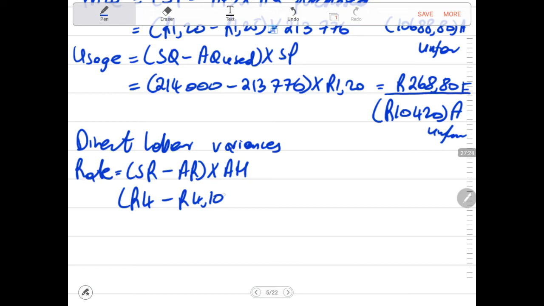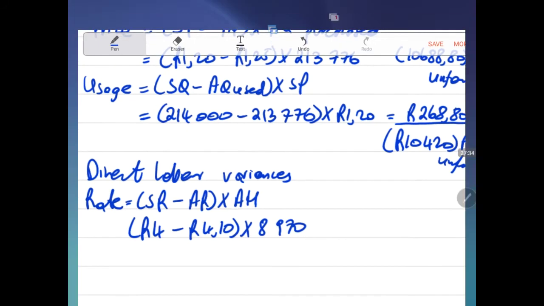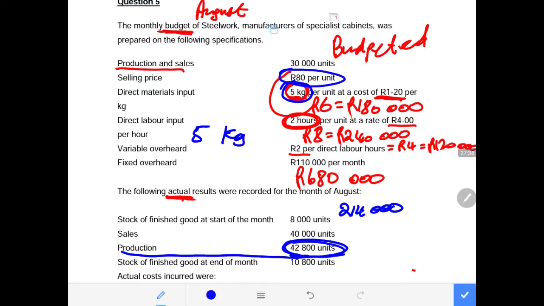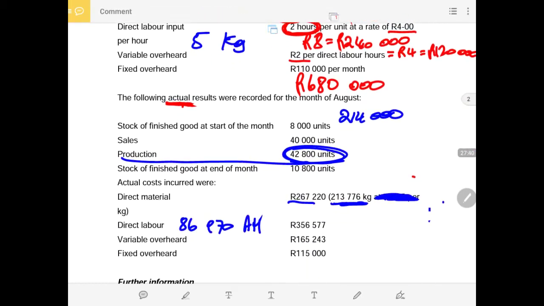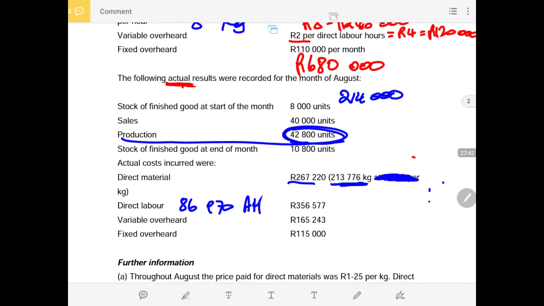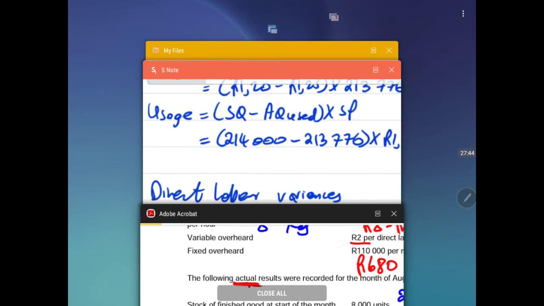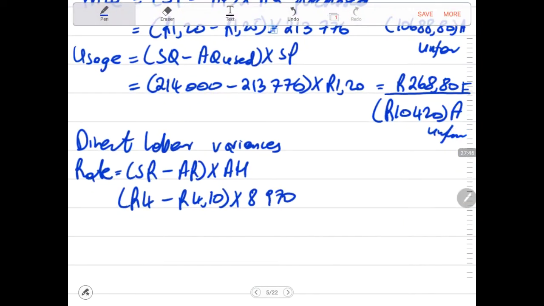Actual rate was 4 rand 10 cents, and actual hours is 86,970. I hope my memory still serves me on that. Verify that. Yes, it is 86,970. That will be our actual hours that we worked.